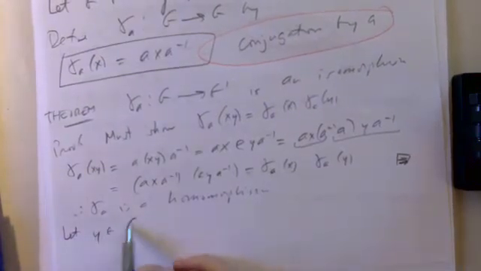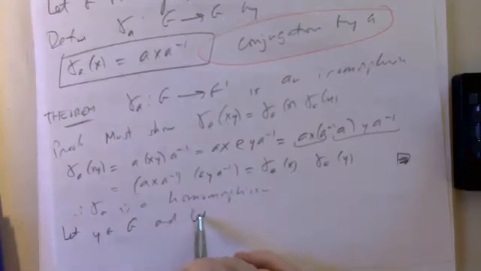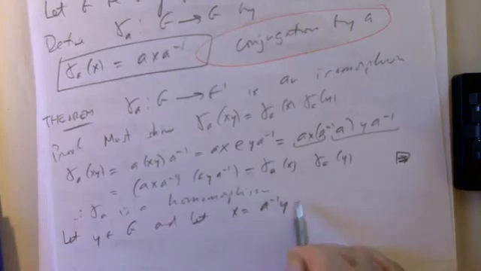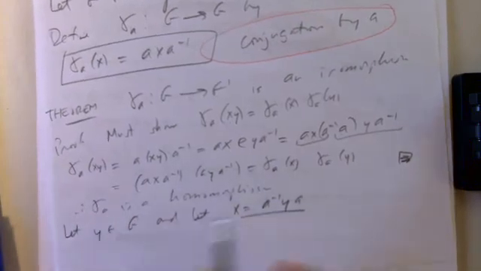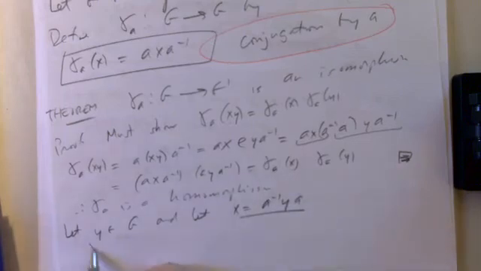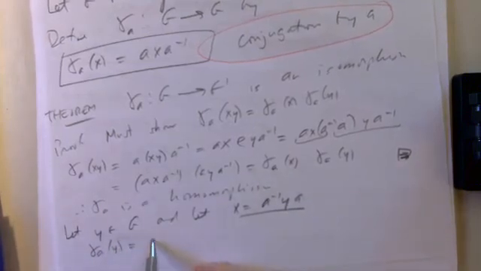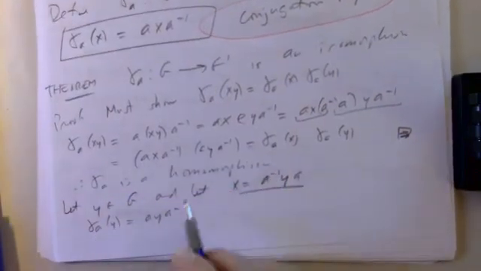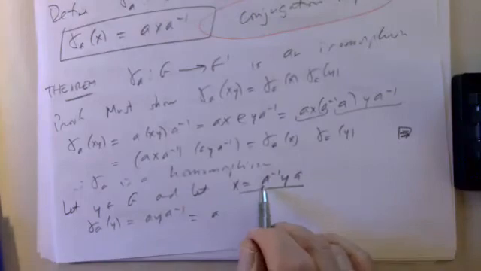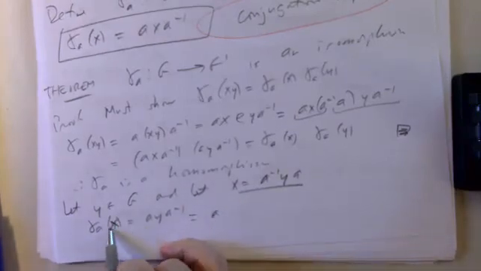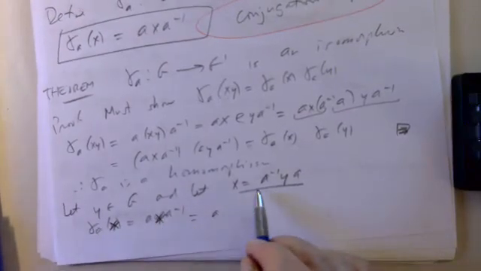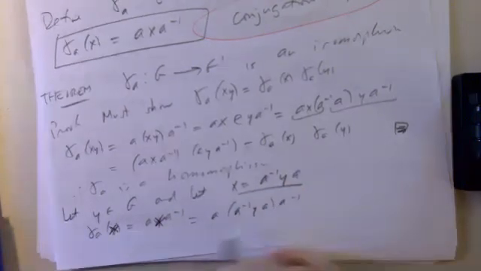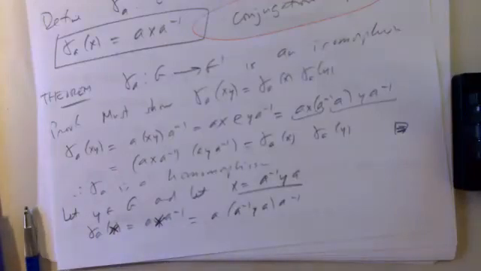Let y be any element of the group, and let x be a inverse y a. Then gamma sub a of x is a x a inverse, but this is a times a inverse y a times a inverse.